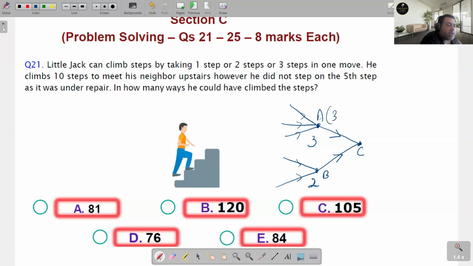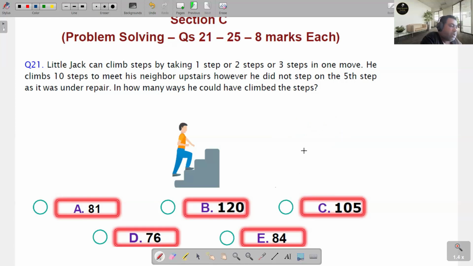So here you reached in 3 ways, here you reached in 2 ways. In how many ways, either through A or B, can you reach C? It will be 3 plus 2, correct? Because you'll either come from A or you'll come from B, right? So they are mutually exclusive ways, so you can add them up. 3 plus 2 will be 5 ways. Same concept we are going to apply here in a staircase problem, and we'll see how it works.